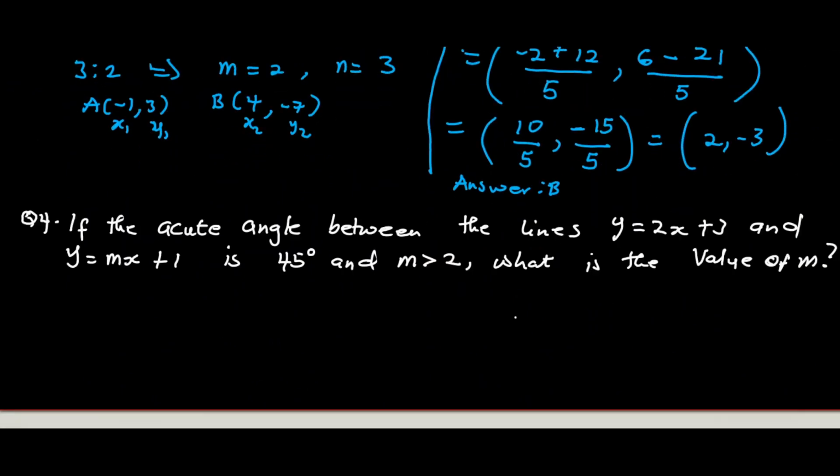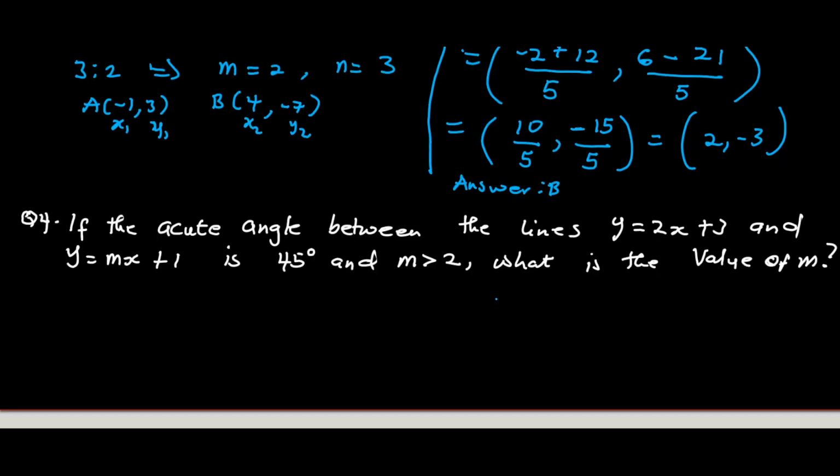Alright, so for question 4, it says that if the acute angle between the lines y equal to 2x plus 3 and y equal to mx plus 1 is 45 degrees and m is greater than 2, what is the value of m?